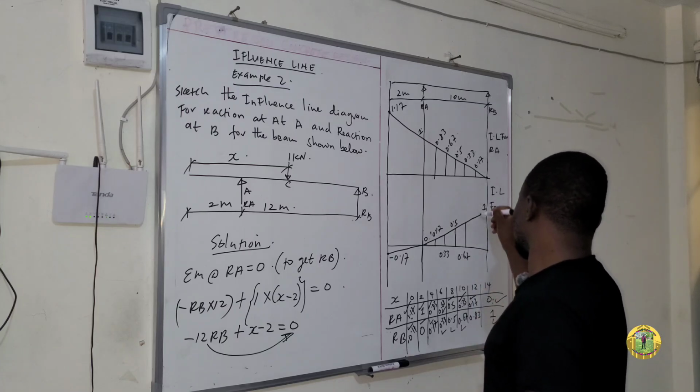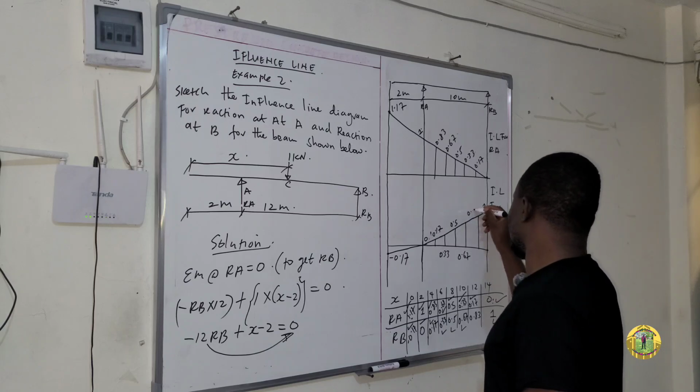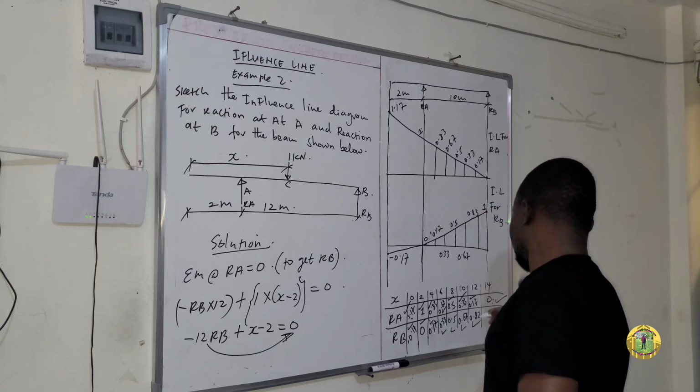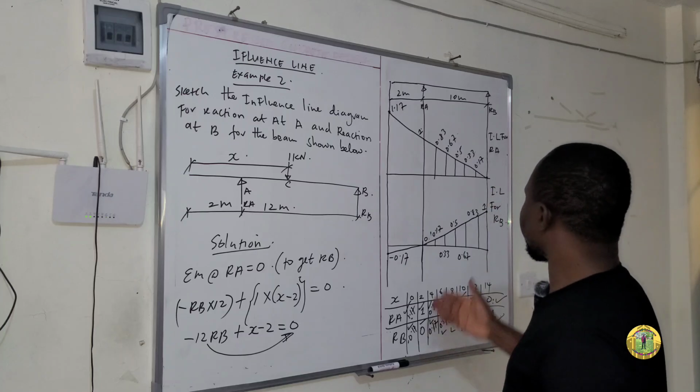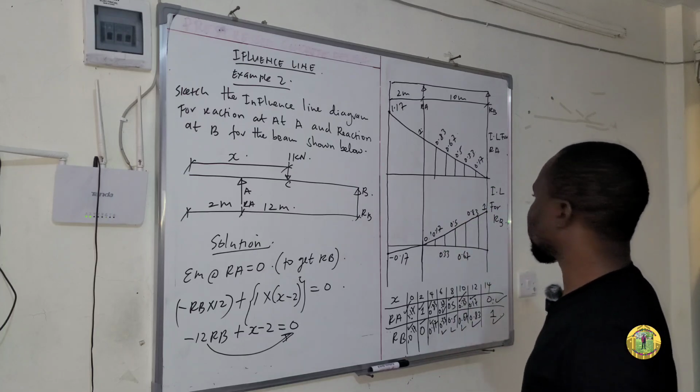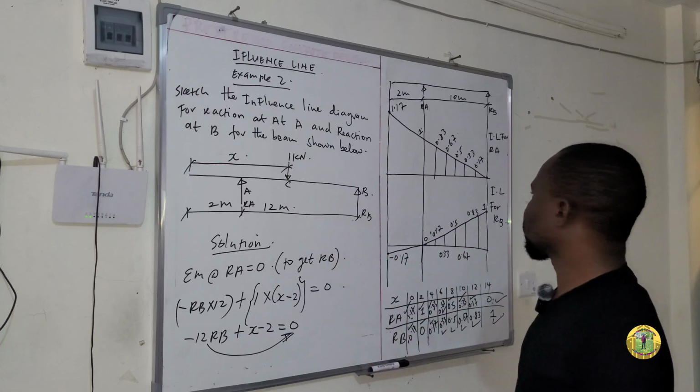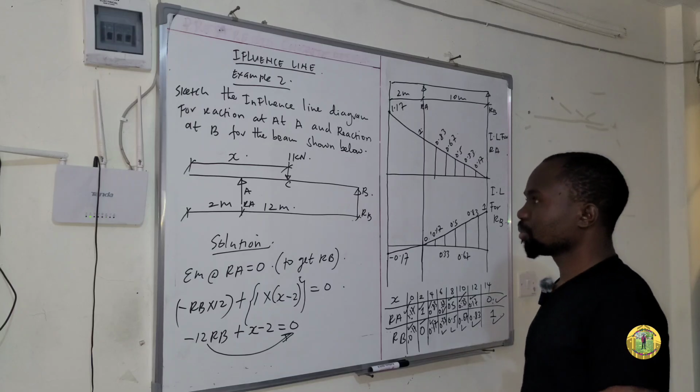And then 0.83 done. So that is how you draw an influence line for this beam.